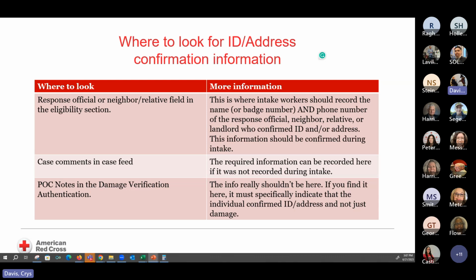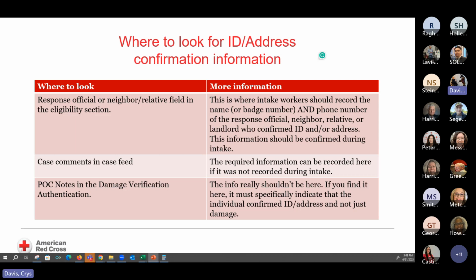Now, ideally, during intake, the intake workers would put that information in the response official or neighbor/relative field in the eligibility section of the case. And so would have at least the name or badge number of the individual who provided the ID or address confirmation and their phone number. So that is the minimum requirement.